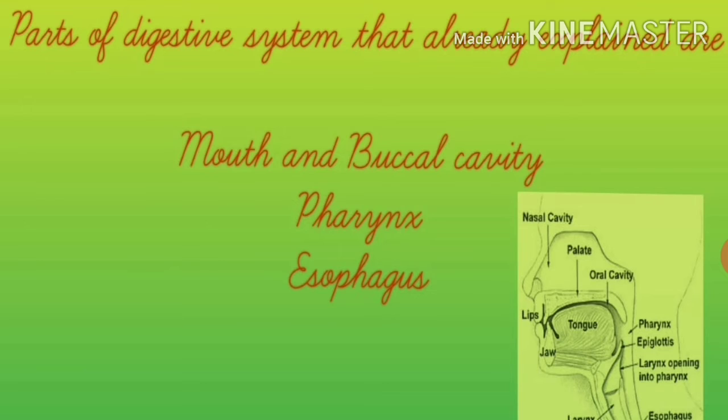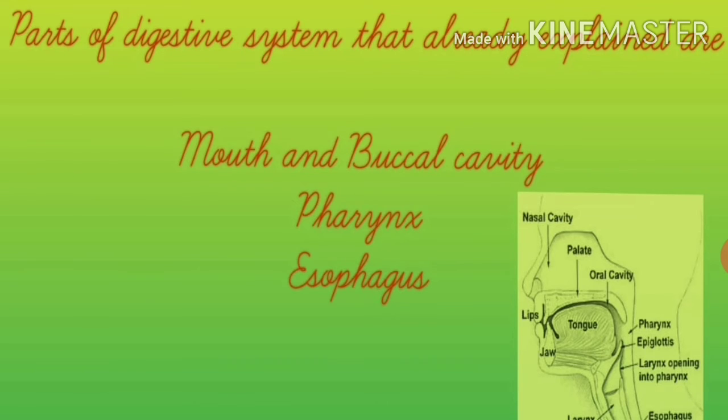It means our food pipe lies behind the windpipe. The pharynx checks first whether it is food or air. If it is air, it allows it to move toward the windpipe, and if it is food, it allows it to move towards the esophagus or food pipe.